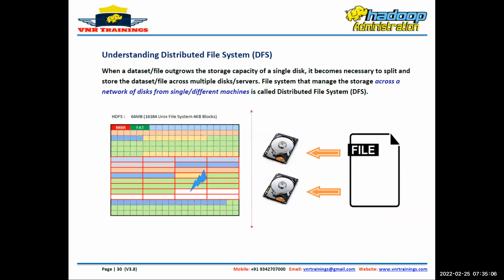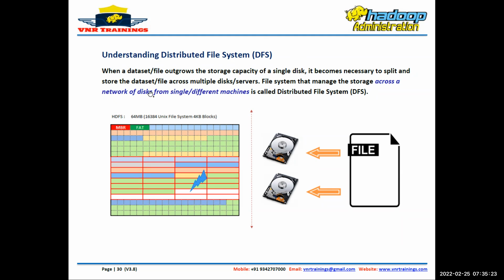You have some data and you are unable to fit it into a single hard disk. What will you do? You will divide the data into two pieces, half into disk one and half into disk two. This is how you will put the data.